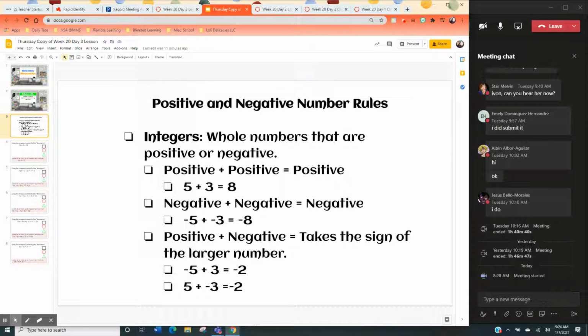And then our last one is when you have a positive and a negative number. It's going to take the sign of the larger number. But remember, it's not just taking the sign of the larger number. Notice here how you end up subtracting. So we're going to look at those drawings today.